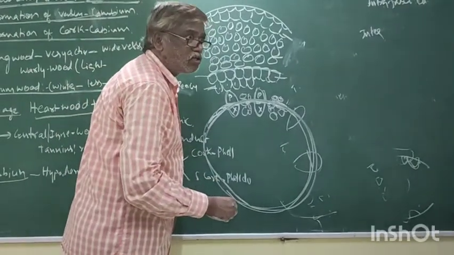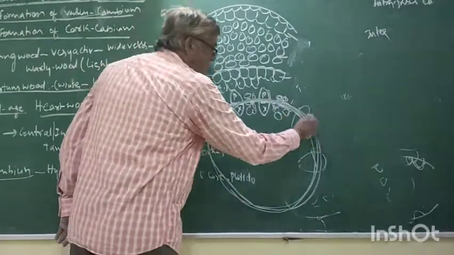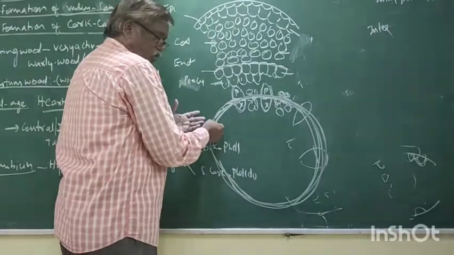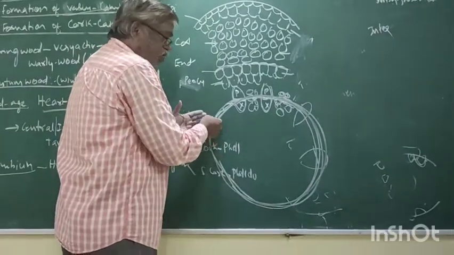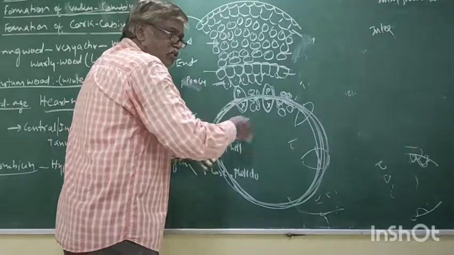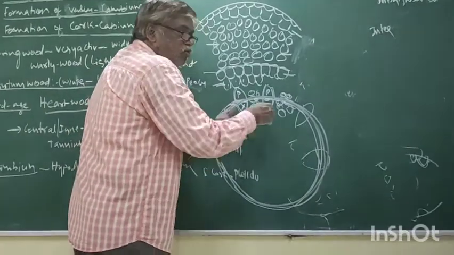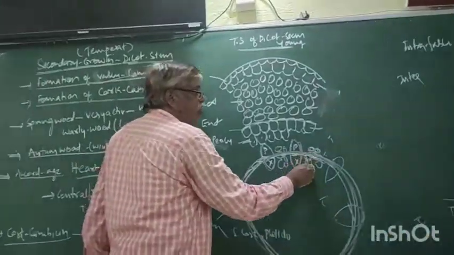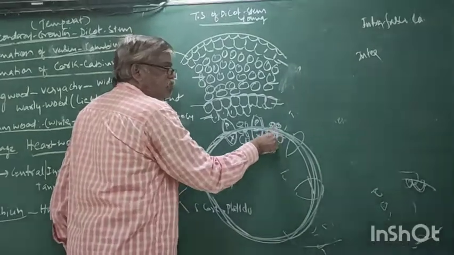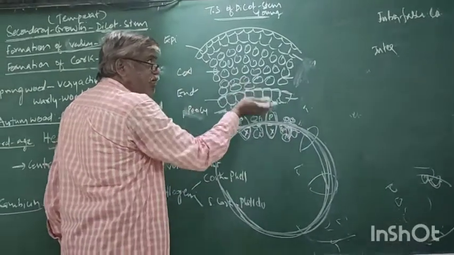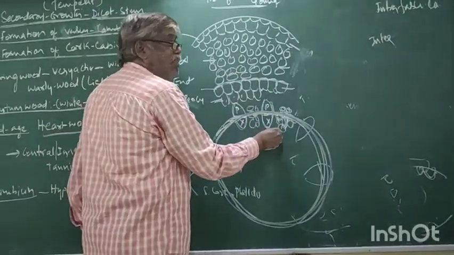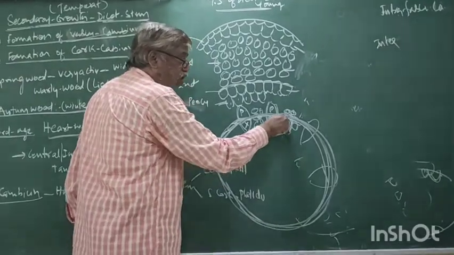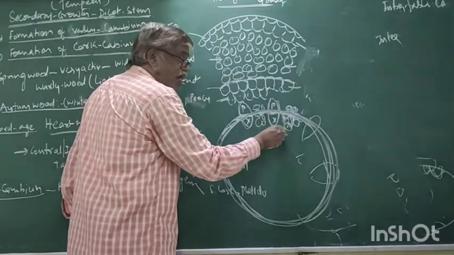What is the character? Division. Hence, the meristems present in the cambium are ever dividing. Due to this, 70% or 60% of cells go inside or outside? Inside, the cells formed go to the inside.